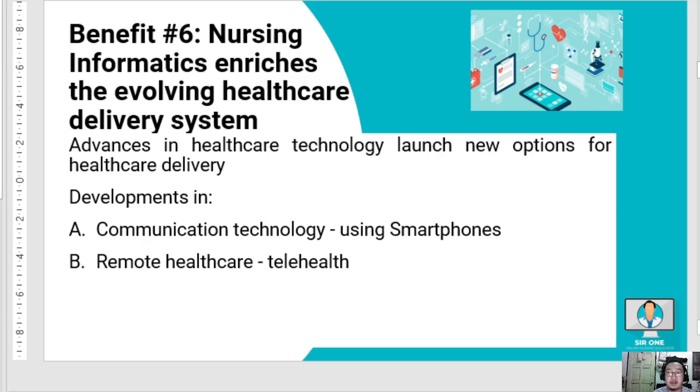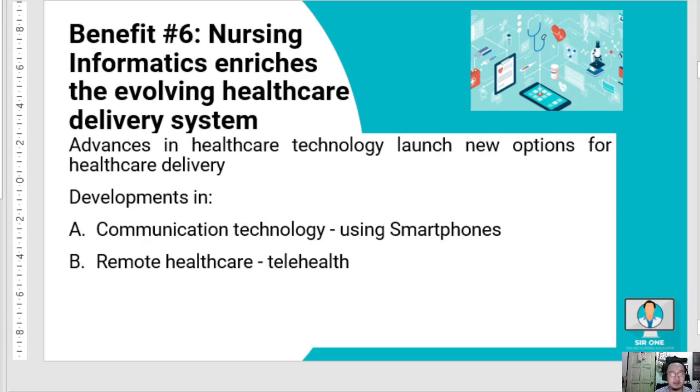There are only some hospitals, especially in the Western countries, but there are also some in the Asian countries that are ahead of other Asian countries and really are practicing nursing informatics or informatics in general. Meaning they are advanced in healthcare technology, and it's giving a very efficient effect or impact to the healthcare system.